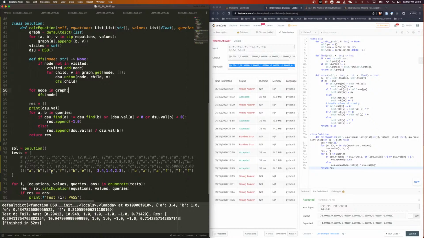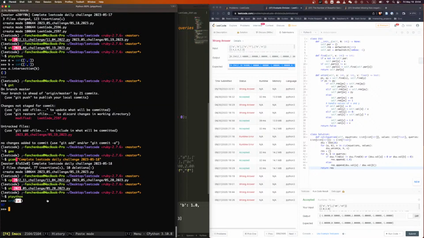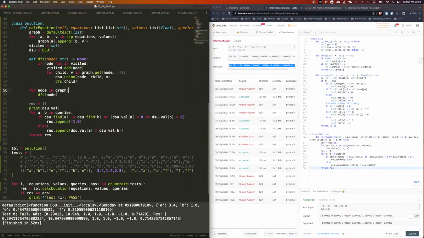Okay, A, B is fine, and then next one we go B and E, right? B is 1, E, so B divided by E equals 2.3, so E should be 1 divided by 2.3. I hope that's 1 divided by 2.3. I'm not sure. 1 divided by 2.3. 0.434. That is correct. The next one is E and F. So E divided by F equals 1.4.